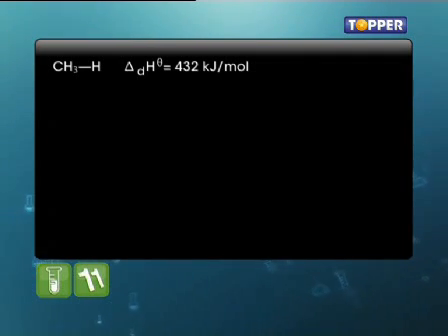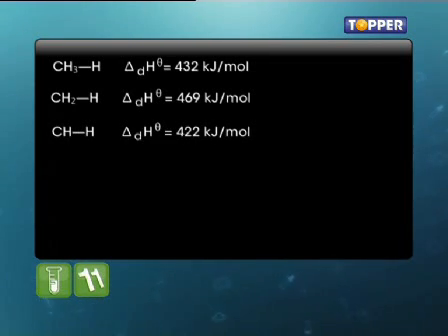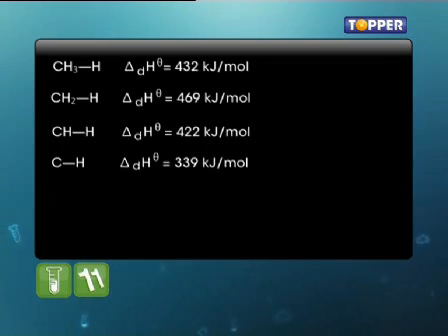CH3-H delta H D naught is equal to 432 kilojoules per mole. CH2-H delta H D naught is equal to 469 kilojoules per mole. CH-H delta H D naught is equal to 422 kilojoules per mole. C-H delta H D naught is equal to 339 kilojoules per mole.